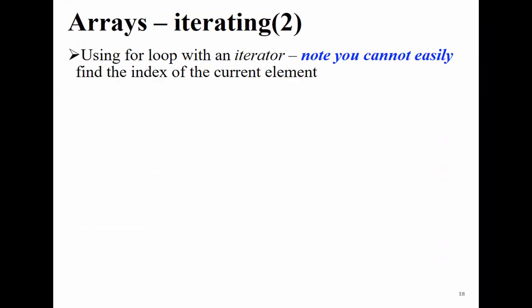Another way to go over the elements of an array is when you are interested only in the values, not in the index where each value is located. Normally, when you go over the values inside your array, you go sequentially, okay? You cannot jump, unless you go to the index and say index plus 2.